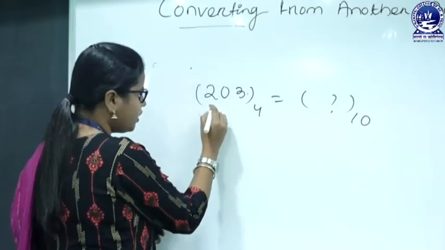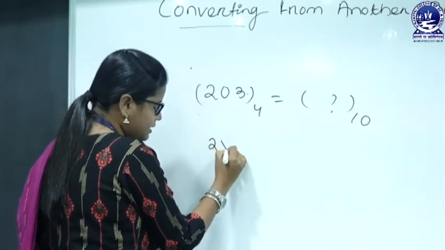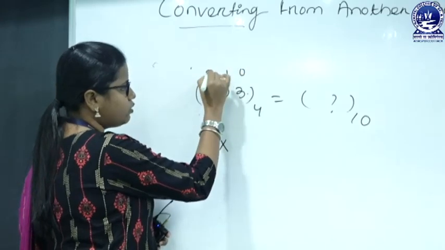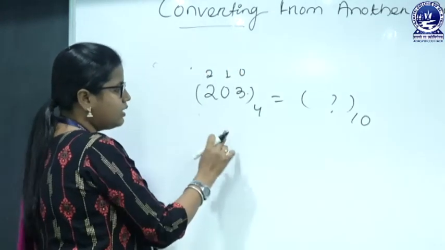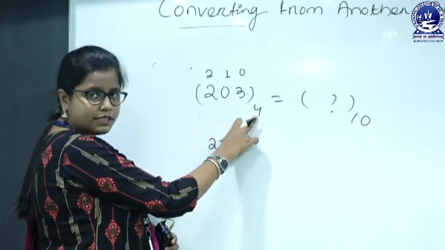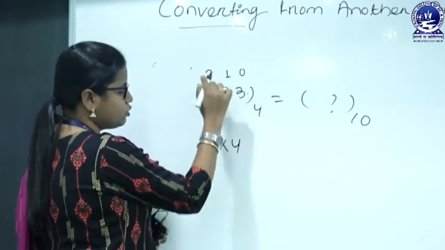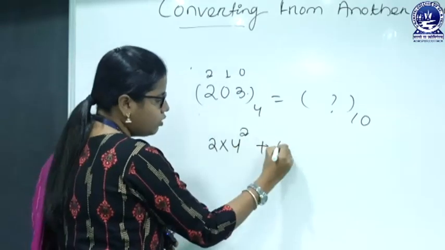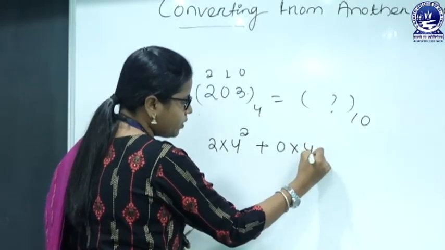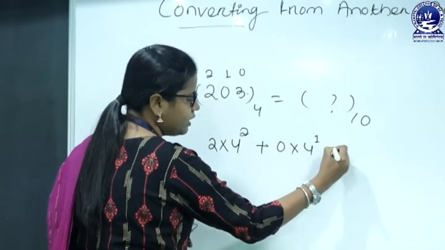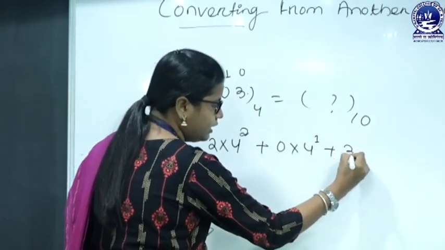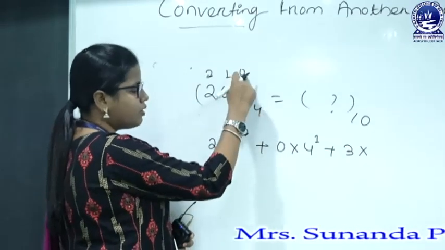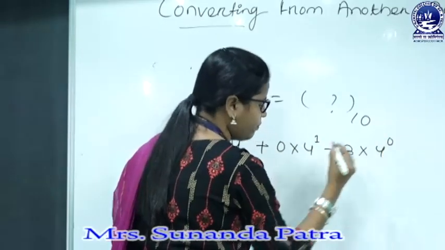First we will multiply the digit with the column value. The weightages here are 0, 1 and 2. So 2 is the digit. What is the base here? The base is 4 and the weightage is 2, so 4 to the power 2. Next, 0 into base to the power weightage, that is 1. Next, 3 is our digit, and the column value for 3 is 4 to the power 0.